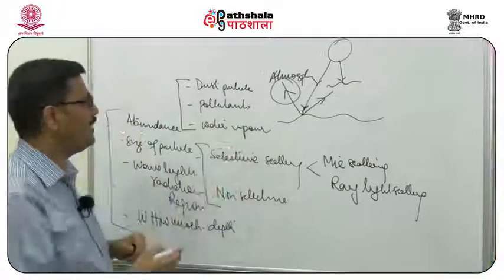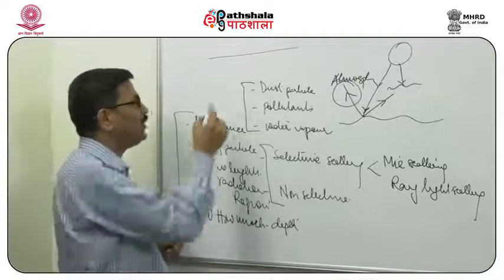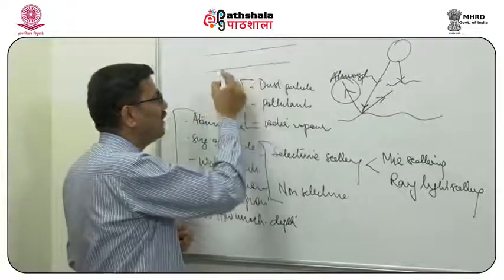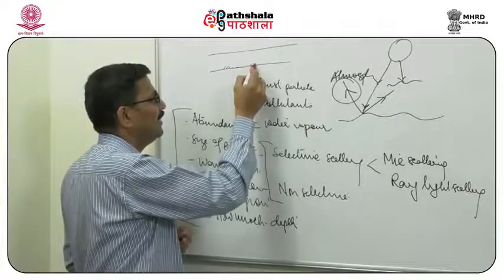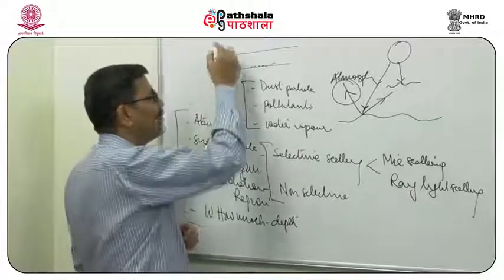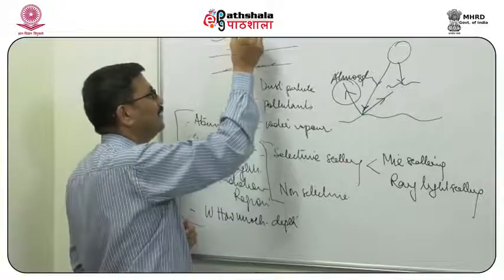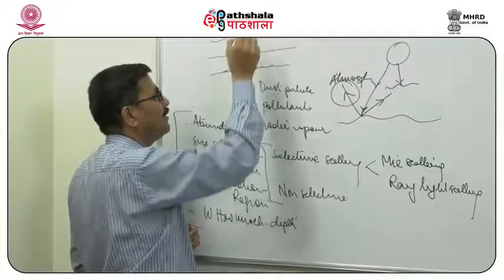On the ground, there could be one surface which could be very straight, there could be one surface which has short grasses like this, there could be another surface of the earth where there could be some trees, short trees or tall trees.